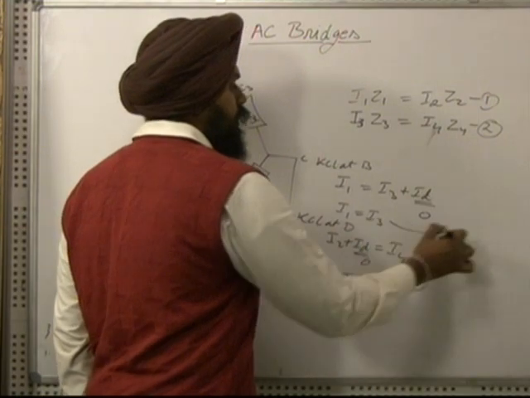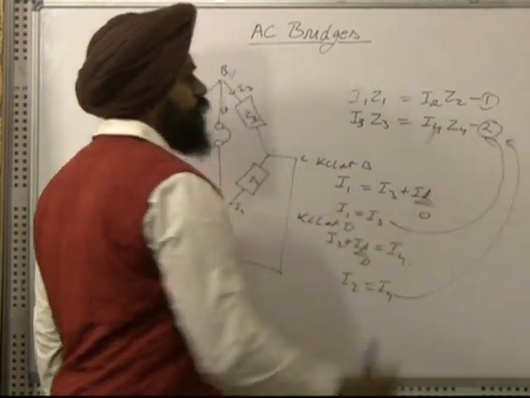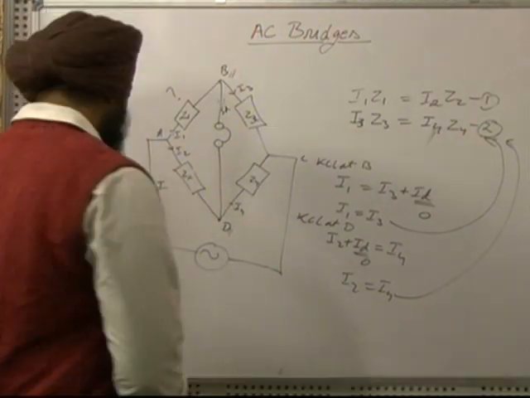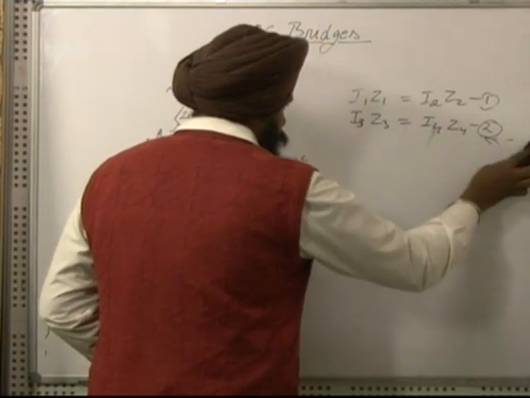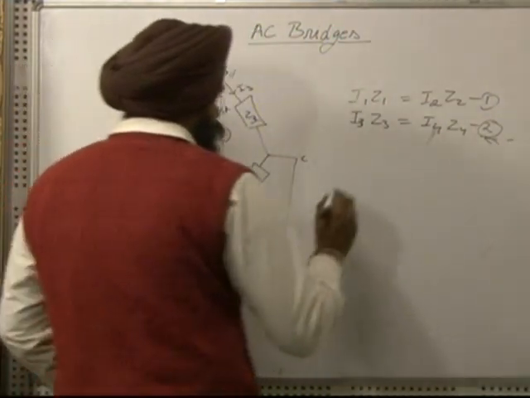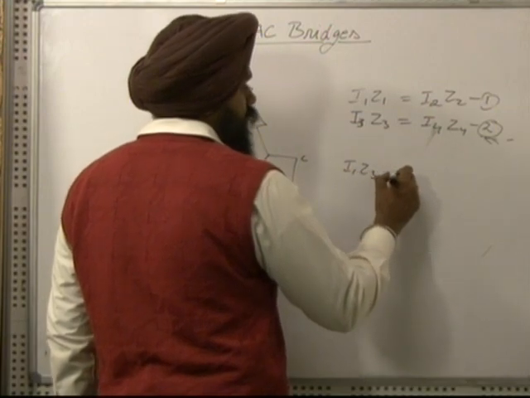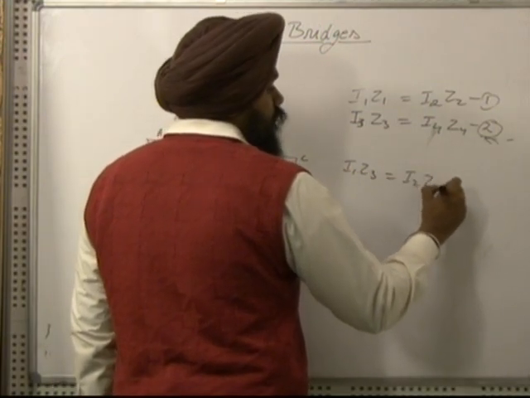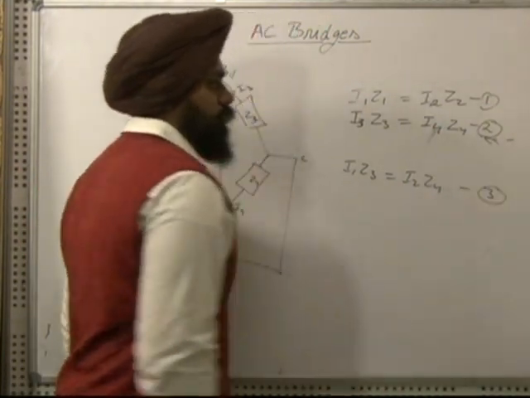If we substitute this value in equation number 2, what we get is I1 into Z3 is equal to I2 into Z4. This is equation number 3.